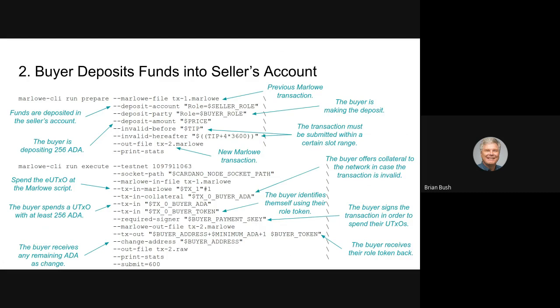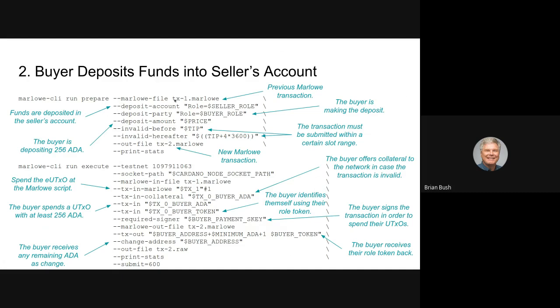So here we have a similar pattern for creating and submitting a transaction. Instead of initialize, since this is a subsequent transaction, we're using the prepare command, and then once again, we use the execute command. And the prepare command basically just gives the contract input.